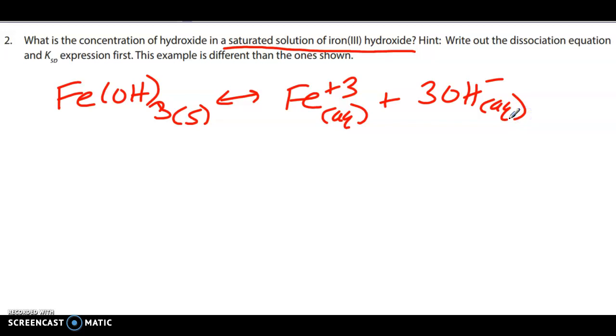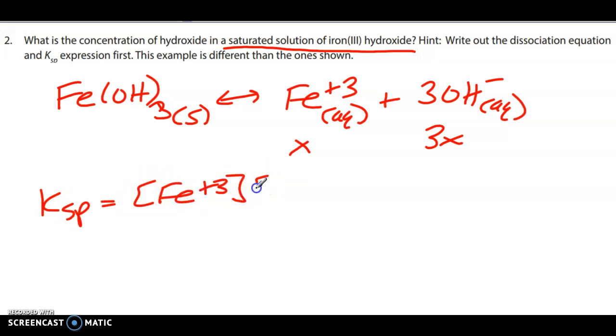Okay, so we want to know what the concentration is. So here is our expression. So this is essentially going to be X and 3X. So if we have a Ksp, we're going to have Fe positive 3, and then we're going to have hydroxide to the exponent 3.